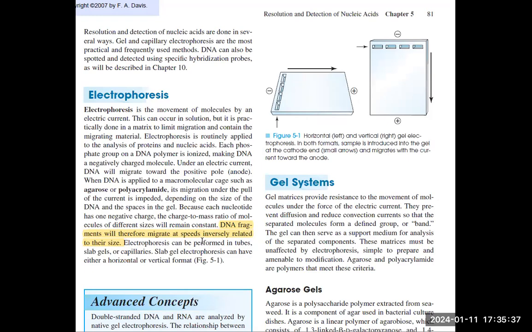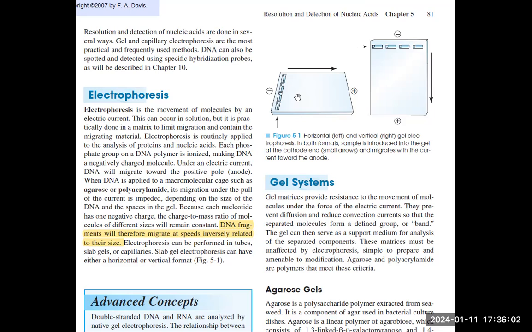So before going to the specifics, let's talk about gel matrices. What is being offered by our gel matrices? The gel can serve as a support medium for the analysis of our separated components.